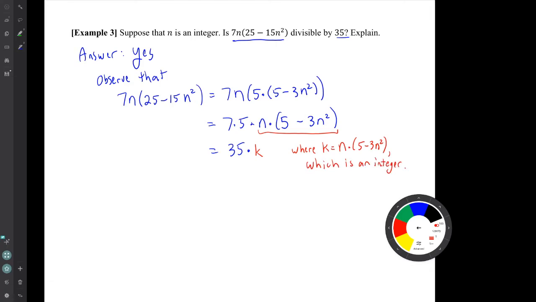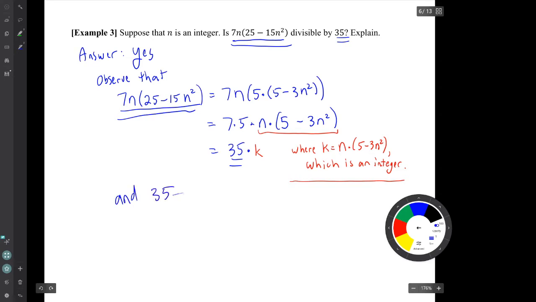So our explanation is in the form of showing that this thing can be written as 35 times some integer, where we have to come up with the integer. And we also have to say that 35 is not 0.